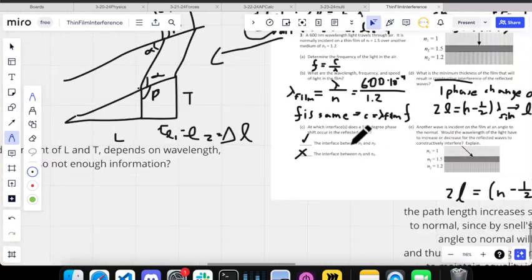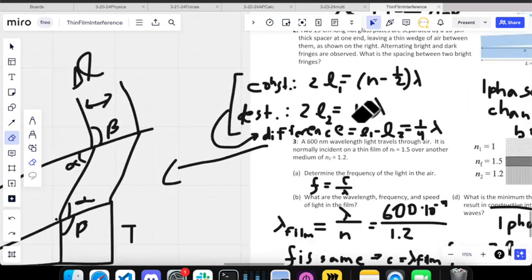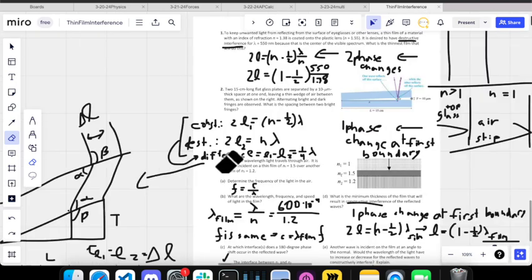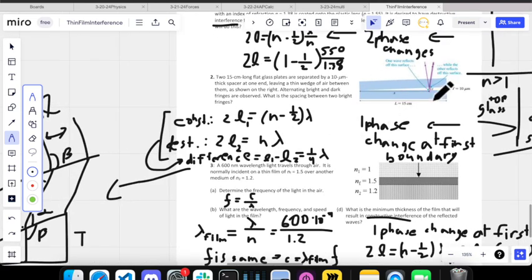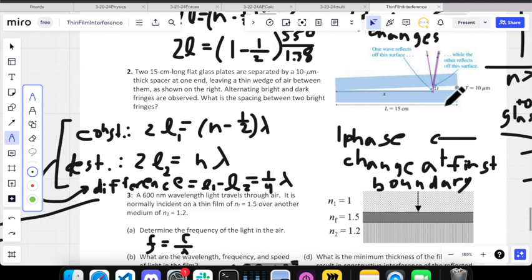This formula is for the constructive case, where there's one phase change, and this formula is for the destructive case, where we also get one phase change. So we can ask, what's the difference in path lengths between destructive and constructive cases?